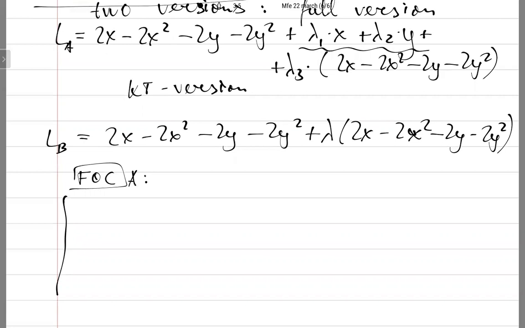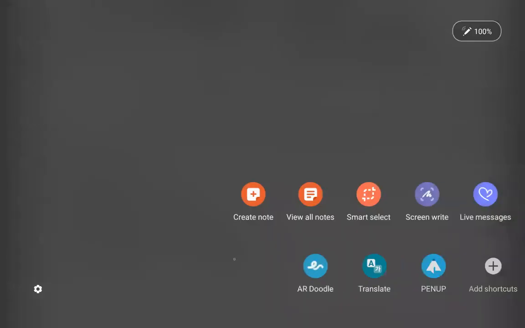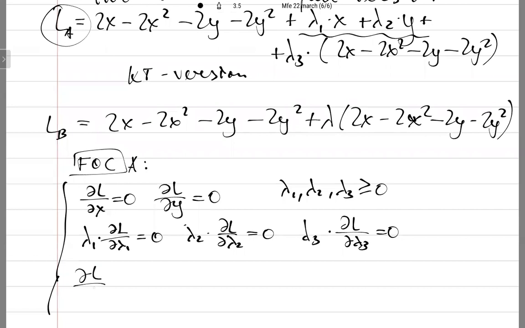What are the first order conditions? If you use the first version, you will have dL/dx is 0, dL/dy is 0, lambda 1 times dL/d lambda 1 is 0, lambda 2 times dL/d lambda 2 is 0, lambda 3 times dL/d lambda 3 is 0, lambda 1, lambda 2, lambda 3 are greater than or equal to 0, dL/d lambda 1 greater than 0, dL/d lambda 2 greater than 0, dL/d lambda 3 greater than 0.